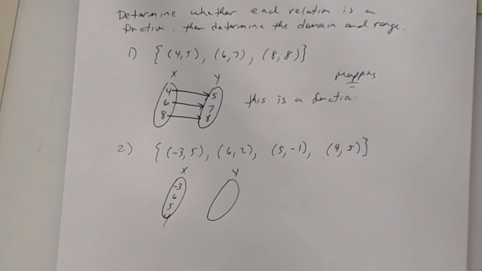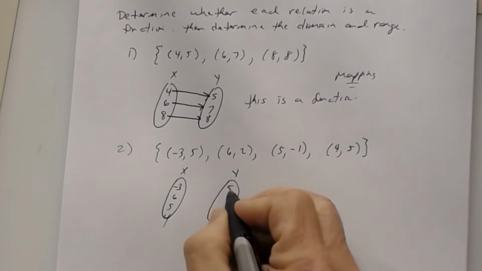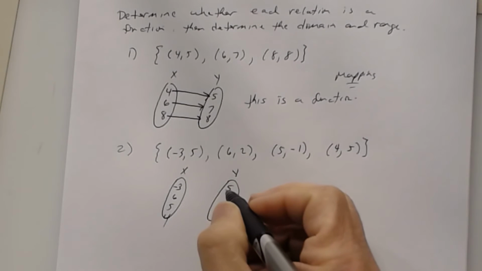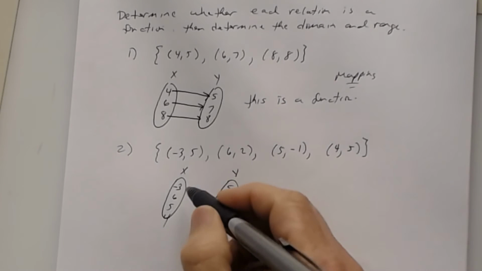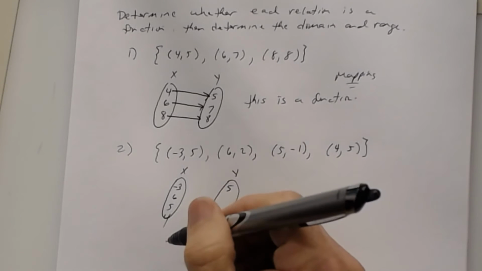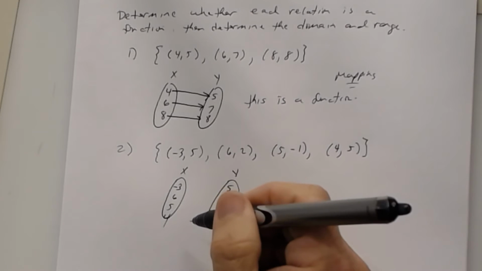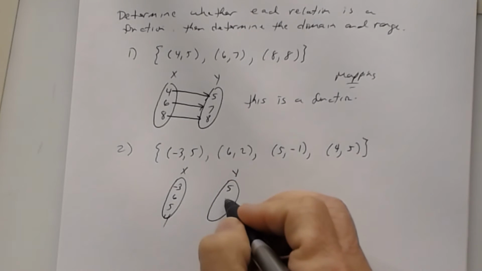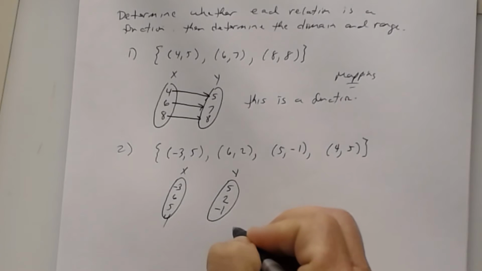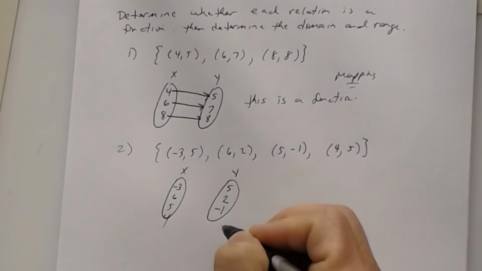And then we're going to list the range. And what's the range? Between -1 and 5. Now if it occurs more than once, only list it once. Is that clear? If any number occurs more than once, only list it once. So 5, 2, -1, and 5 I already have. Don't list it again. List it once.